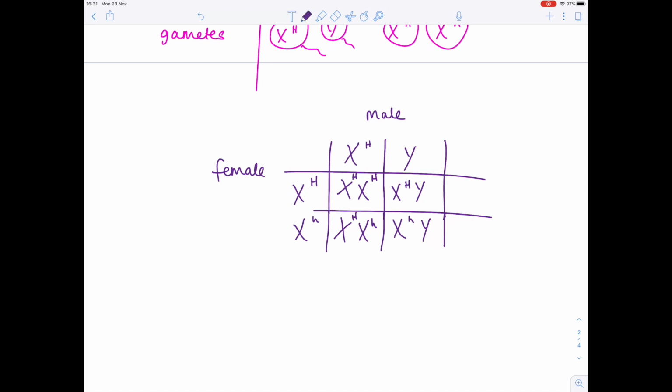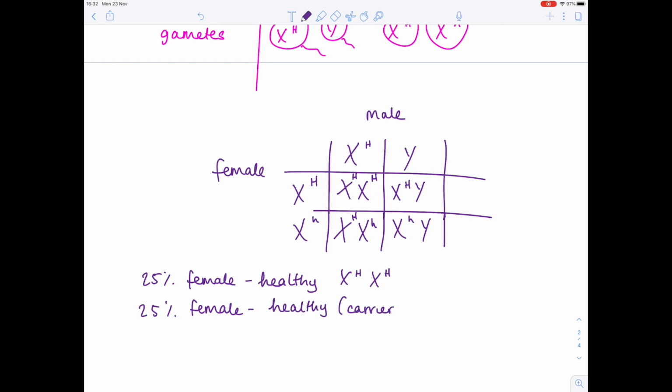What's going on there? Well, we have a female, so 25% will be female and they will be healthy, and that's because they have that combination of big H, big H. If we look at this one now, another 25% will be female. They'll also be healthy, but they'll be carriers of sickle cell anemia. And we'll point out that genotype, it's because they have that combination of the big H, small h.